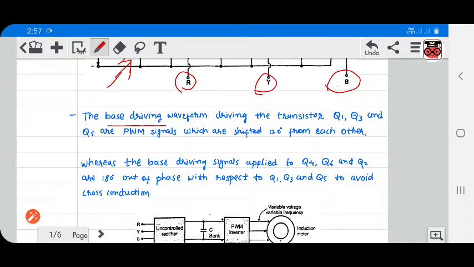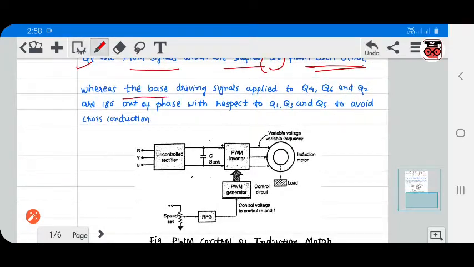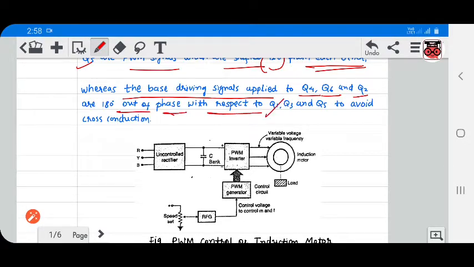The base driving waveforms driving the transistors Q1, Q3 and Q5 are PWM signals which are shifted 120 degrees from each other, where the base driving signals applied to Q4, Q6 and Q2 are 180 degrees out of phase with respect to Q1, Q3 and Q5 to avoid cross conduction.